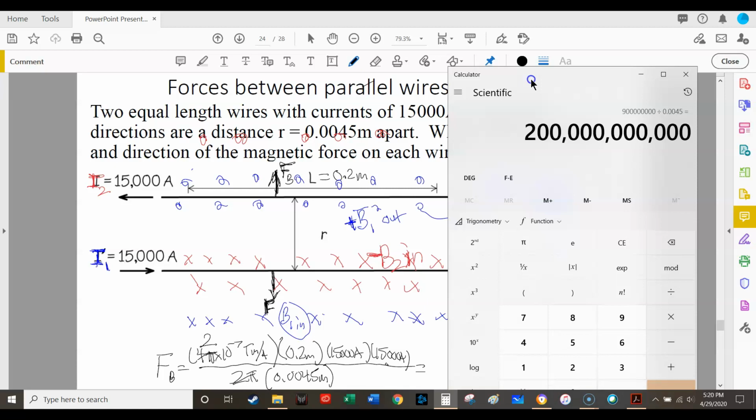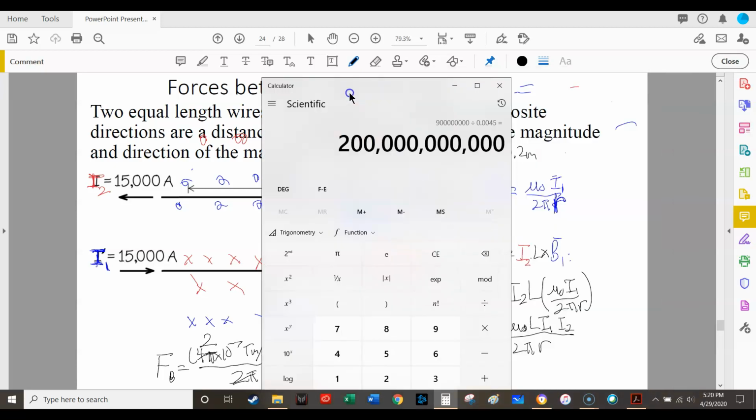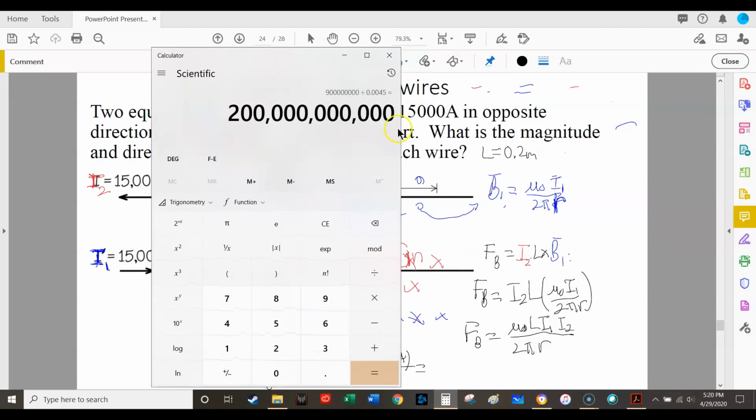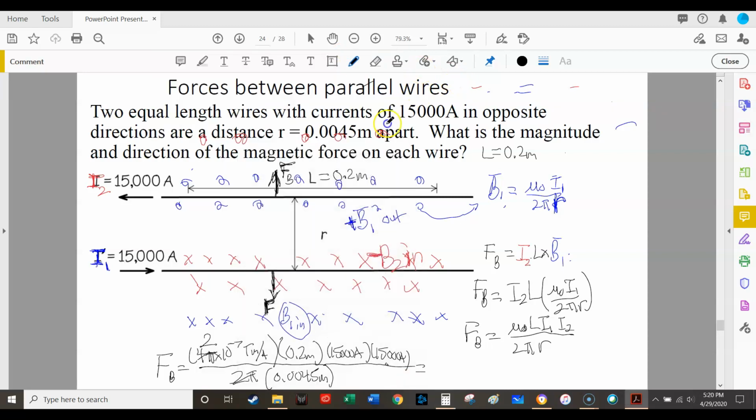So that is a huge number. But I didn't apply 10 to the negative 7th. So I'm going to apply that now. 1, 2, 3, 4, 5, 6, 7. So this is going to experience a force of, looks like 20,000 newtons.